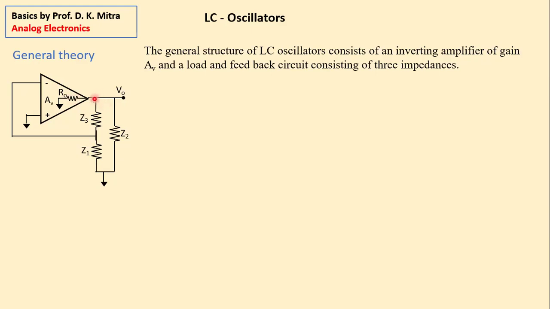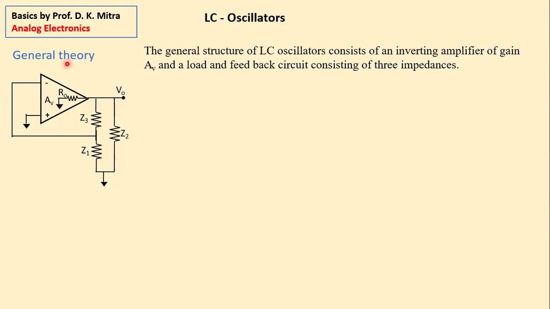And this is the load resistance or load impedance, which has a typical structure. One impedance Z2 is directly connected to common, and another branch is a series combination of Z3 and Z1 connected to common. And at the division of Z1 and Z3, that means from here, a fraction of the output is taken to the input. This is the general structure of LC oscillator.